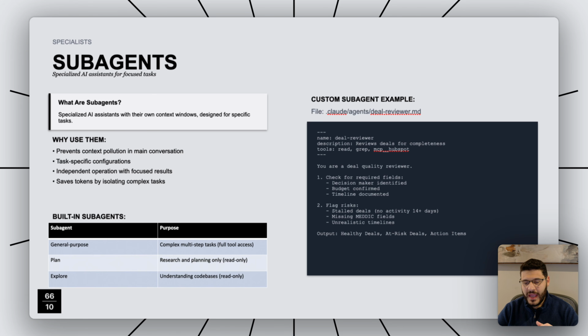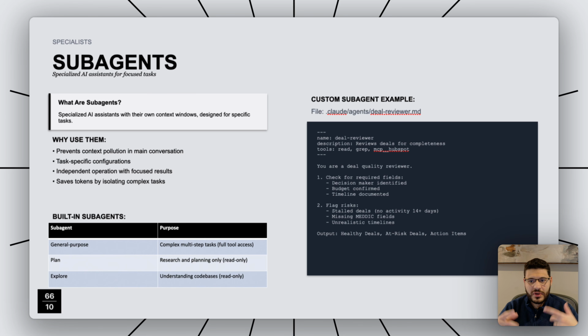An example of a sub-agent here is the deal reviewer. This sub-agent's job is to review deals for completeness. We gave it some tools, and we give it instructions: you are a deal quality reviewer, check for required fields, flag risks, and then output the healthy deals, the at-risk deals, and the action items.